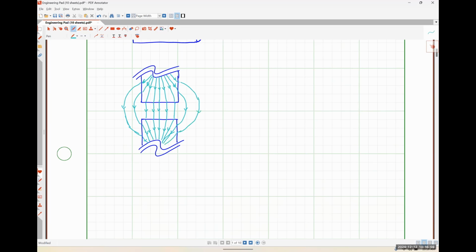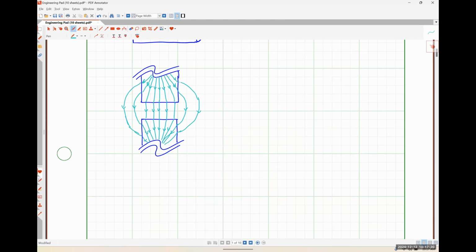So essentially our magnetic flux is seeing a larger effective cross-sectional area, okay? Because we're allowing it to spread out because its path isn't fully defined by the core anymore.